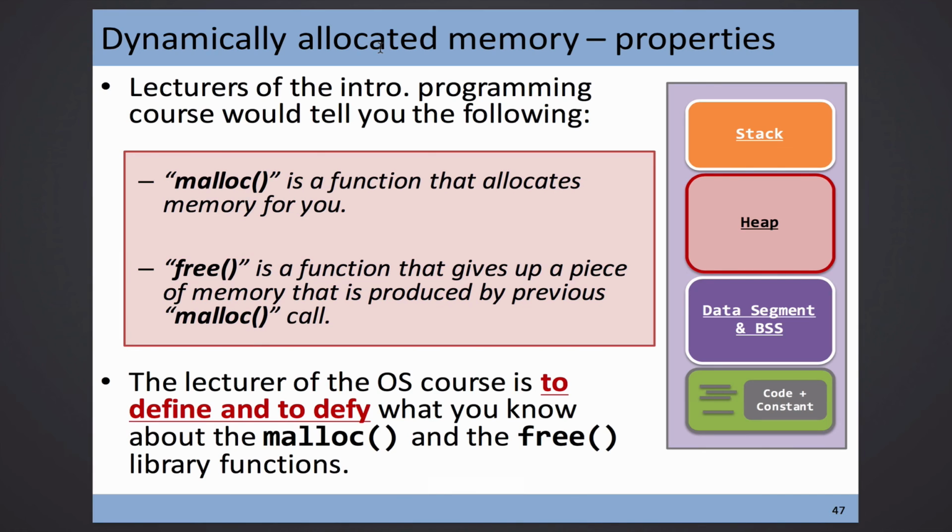When you first hear of malloc, people will tell you it's a function that allocates memory for you, and free deallocates the memory returned by malloc. In this one-hour lecture, you will understand that these two sentences are both wrong.